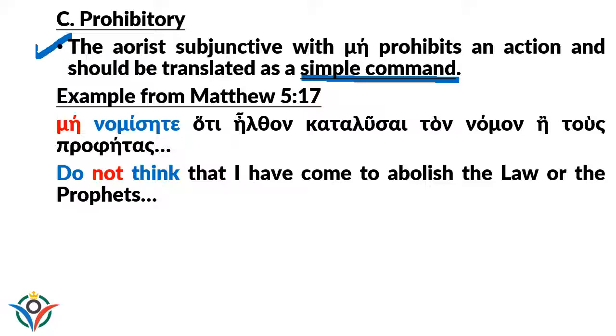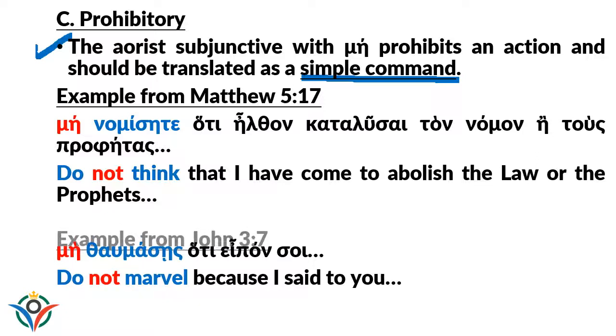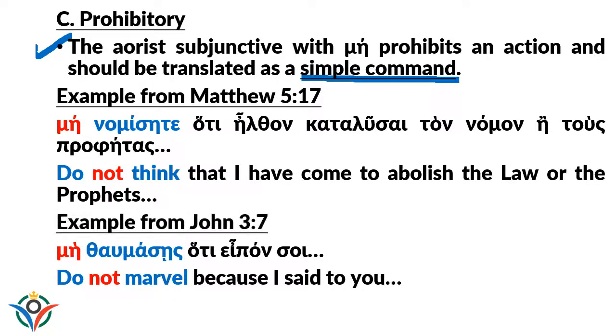And then the rest you are familiar with, I'm sure. And then the second example comes from John 3 verse 7, where once again we have me, thaumases, which is also an aorist subjunctive. So this is a prohibition, and translated as a simple command, we could say, do not marvel because I said to you.